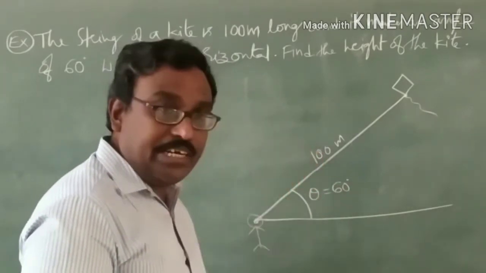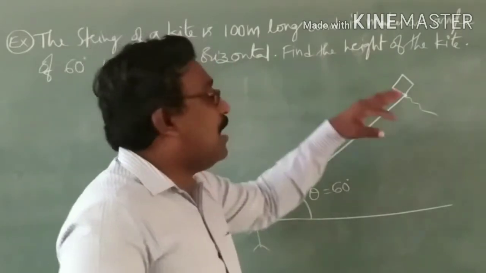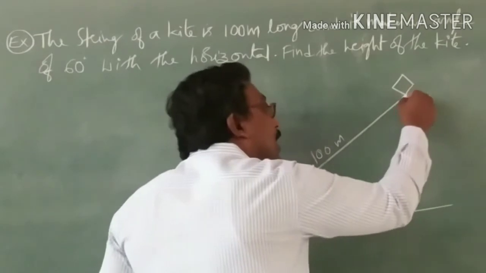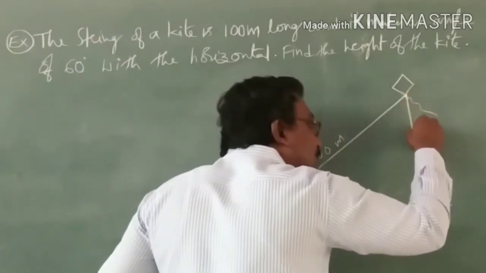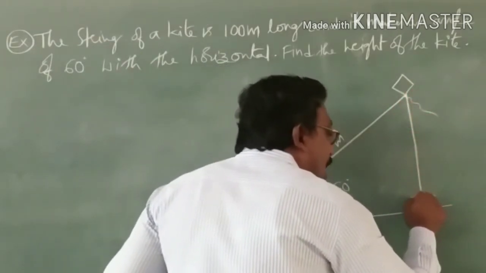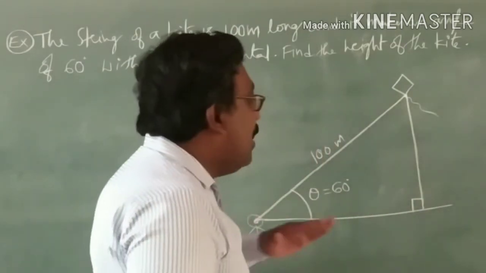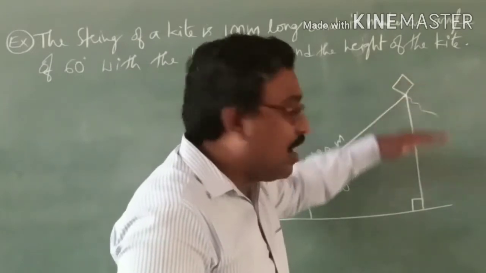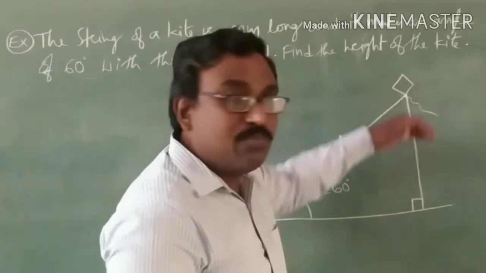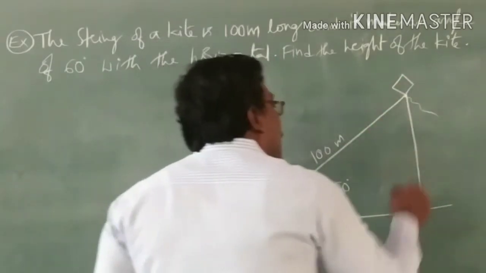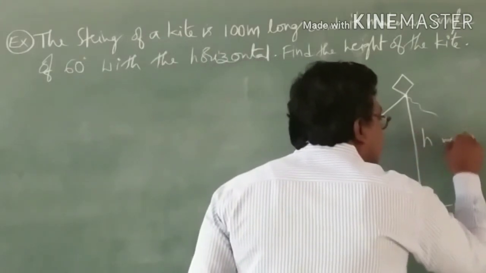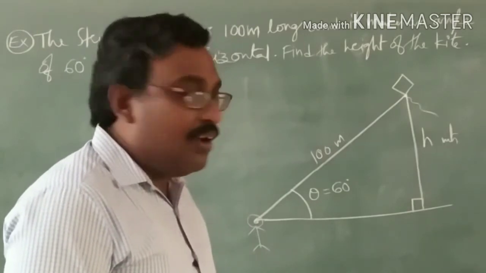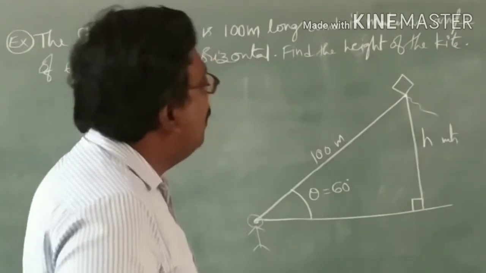Now find the height of the kite. Height of the kite means how much above the horizontal plane it is flying. Consider it as h meters. Now you need to find the value of h.